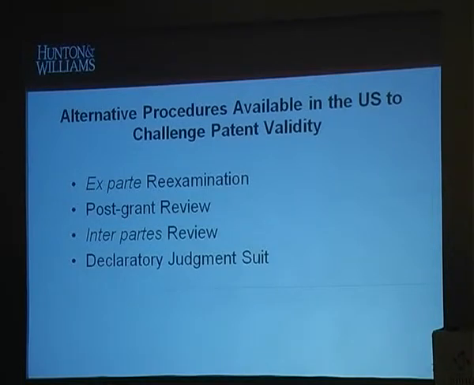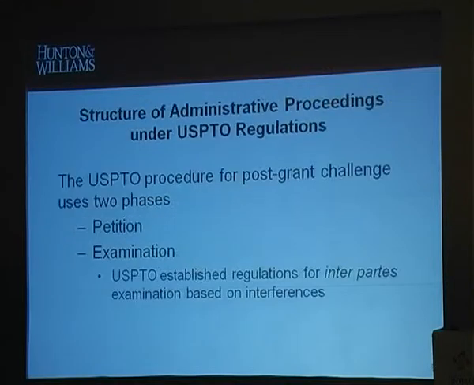The last one occurs in a district court litigation. The first three are administrative procedures that are held within the patent office. And there are reasons why one or another of them may be particularly more beneficial under particular fact patterns. And hopefully we can talk a little bit about that as we go forward.